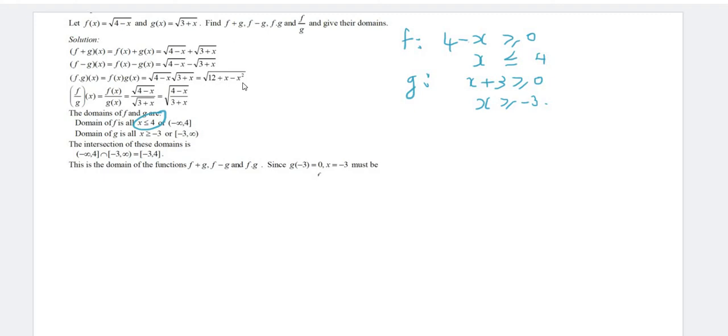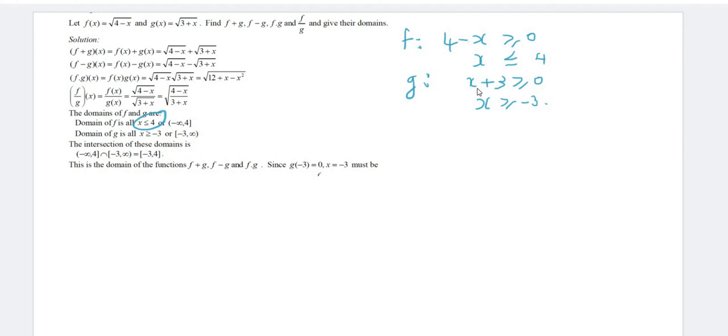Alright, now when you do the domain and range for combining, remember we're not busy now with composition, we're busy with the combining. When you do for combining, meaning adding, subtracting, multiplication, division, your domain will always be the combination of these two.